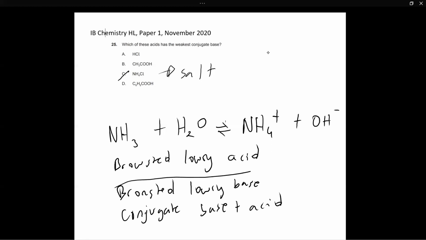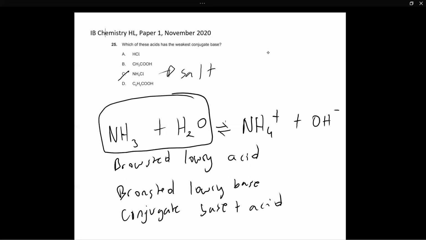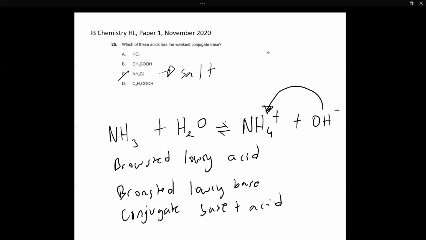So the first one, what is a Bronsted-Lowry acid? Basically, a Bronsted-Lowry acid is any substance which donates a hydrogen. In the case of this reaction, the Bronsted-Lowry acid is H2O because it has donated one of its hydrogens to NH3, and thus NH3 becomes NH4.